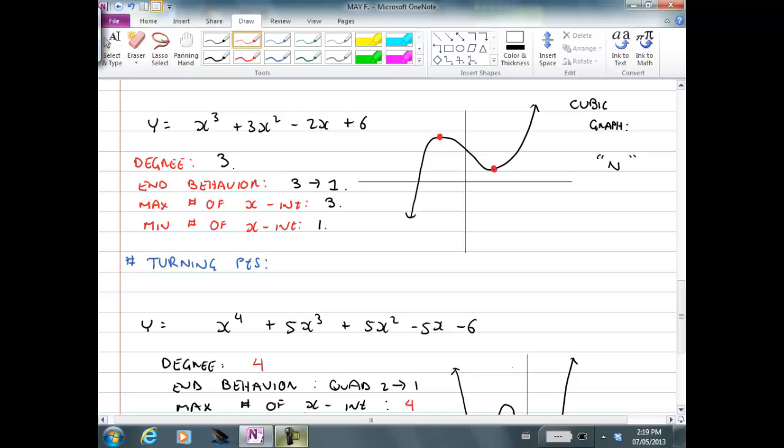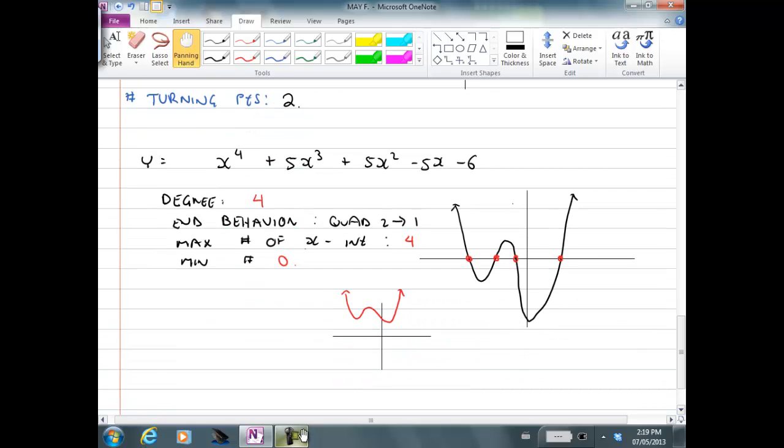So therefore, this one has 2 turning points because it changes direction right there. This one, figure out how many turning points it has. 3 turning points. There's going to be 3 because there's 3 points where it changes direction.